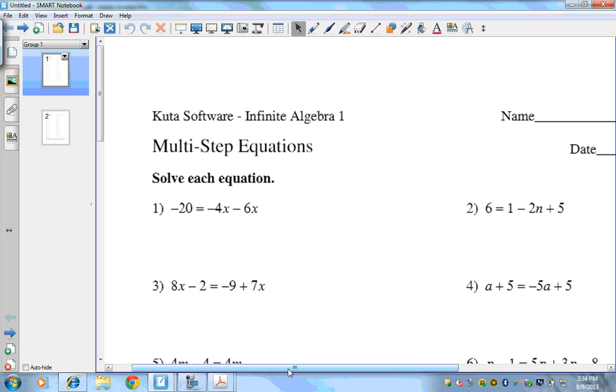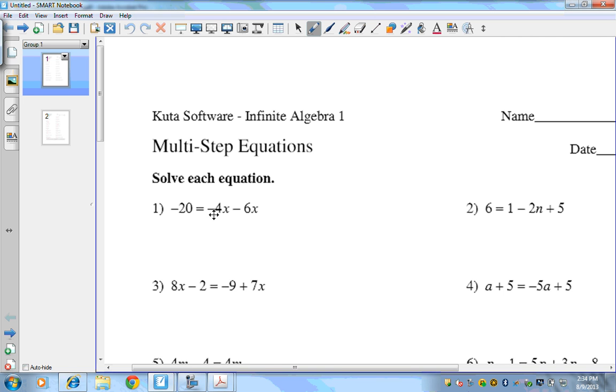All right. What we have here is negative 20 is equal to negative 4x minus 6x. So when we're dealing with a situation like this, notice that we have two numbers that have x's attached to them. Well, that makes them like terms, meaning they are the same, which means we can combine them.